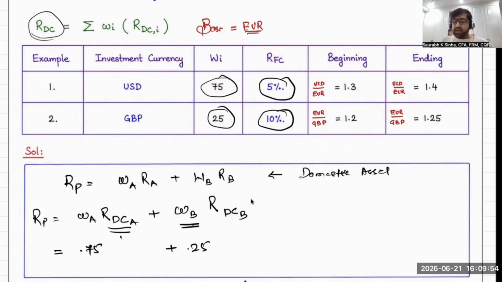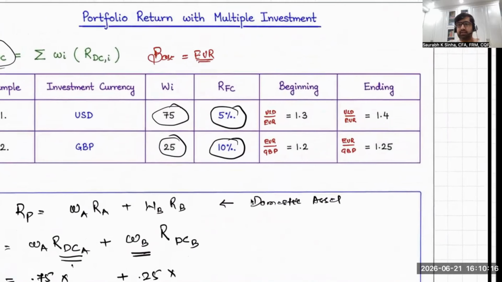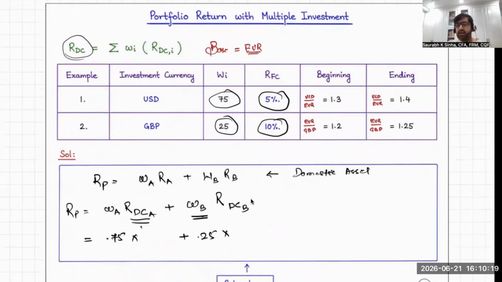I have RFC for both the investments. I cannot use 5% and 10% directly. I have to convert them into the domestic currency. And for that, I need the appreciation or depreciation from the beginning of the investment to the time when you're calculating the return, that is the end state.